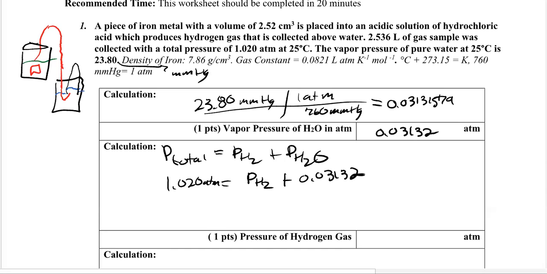So 1.02 minus our pressure of water, and we get the pressure of hydrogen as 0.98868, or 0.989 because of our significant figures. That's how much of that pressure is just our hydrogen gas.